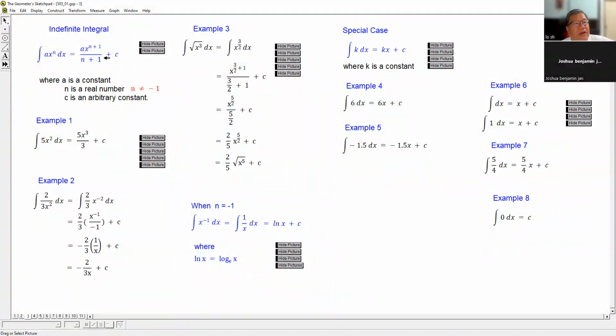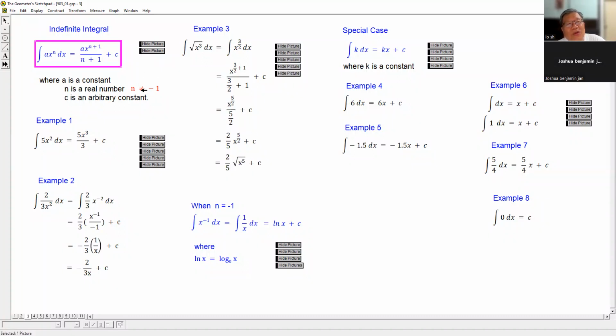Now, this formula here enables you to integrate any function, the x with any power, a whole number power, a negative number power, a fraction. You can integrate any function involving x using this formula here, except when the power is -1.